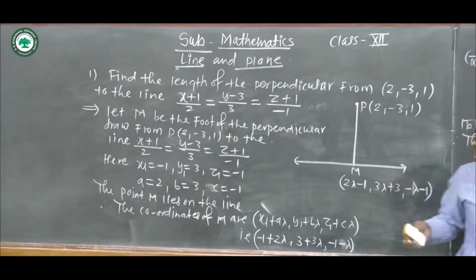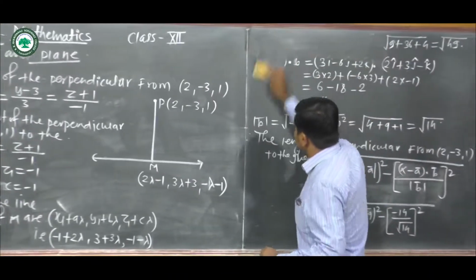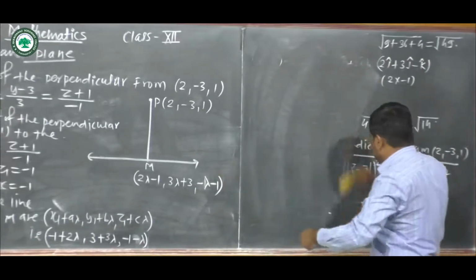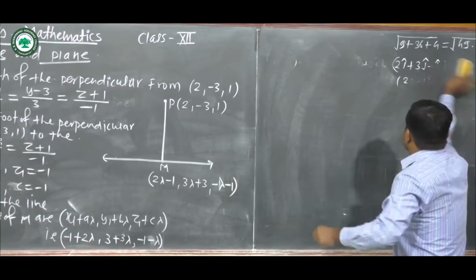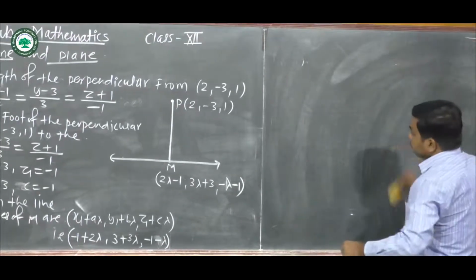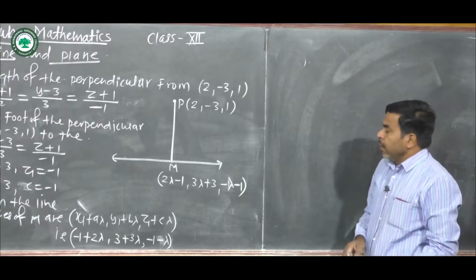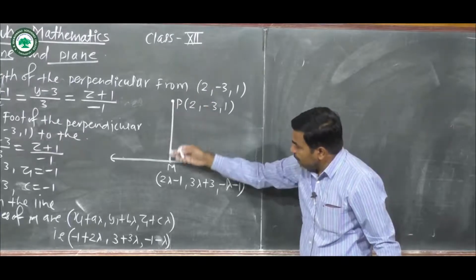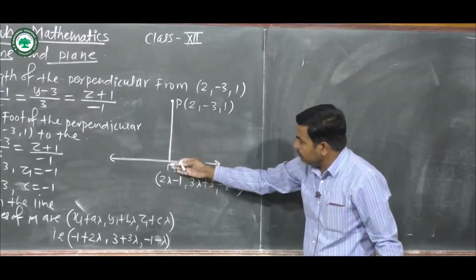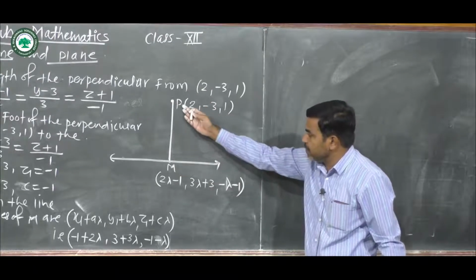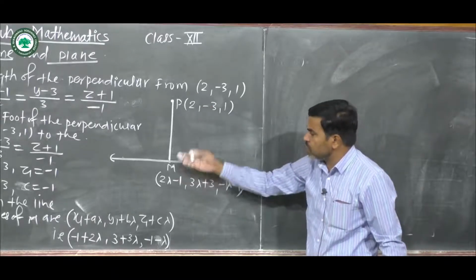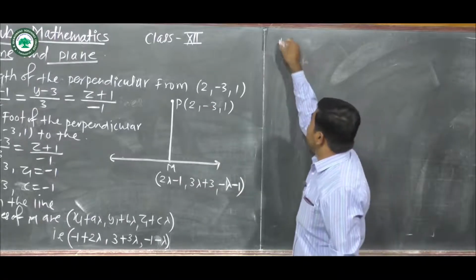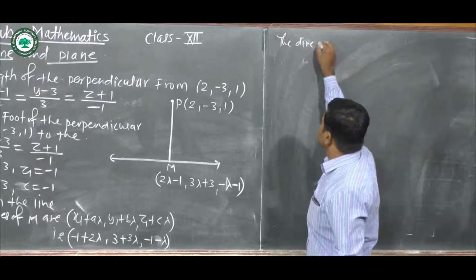Now coordinates of point P are known. Coordinates of point M are here in the form of lambda, where that lambda is a parameter. Now if PM is the line segment on which 2 points are given, that is P and M, so direction ratios of PM can be found.